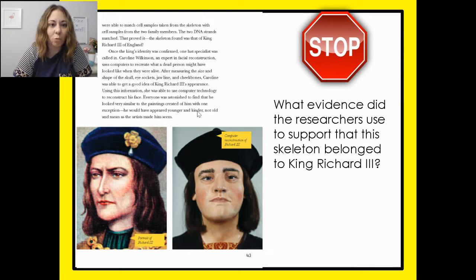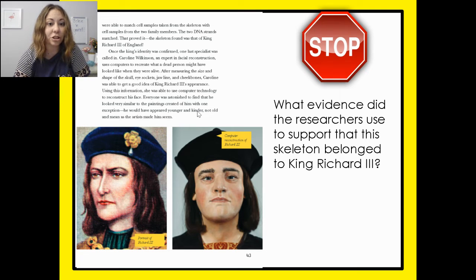Once the king's identity was confirmed, one last specialist was called in. Caroline Wilkinson, an expert in facial reconstruction, uses computers to recreate what a dead person might have looked like when they were alive. After measuring the size and shape of the skull, eye sockets, jawline, and cheekbones, Caroline was able to get a good idea of King Richard III's appearance.